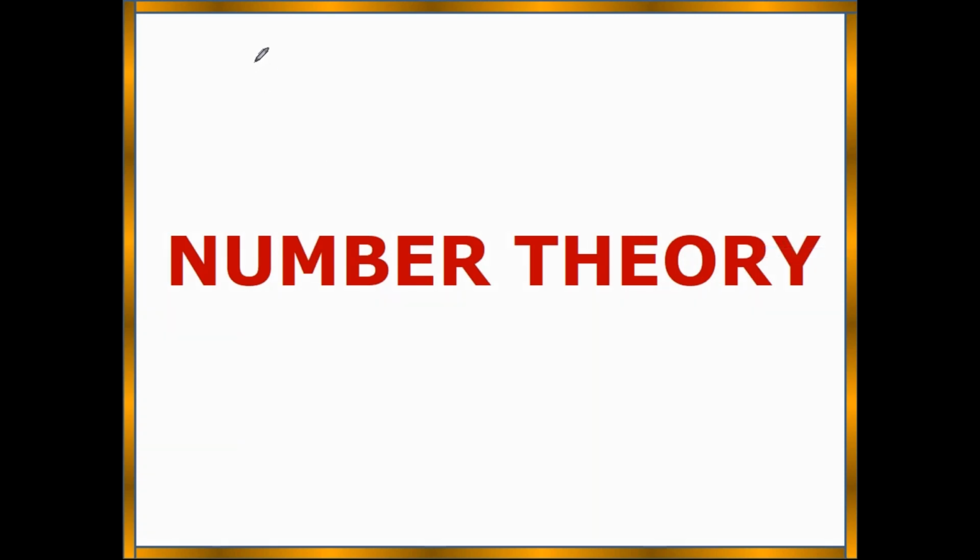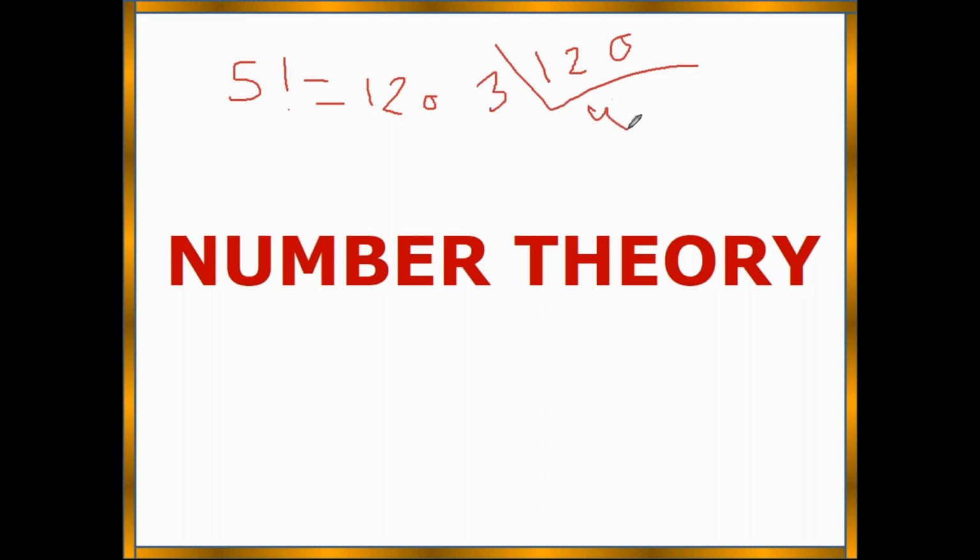Everyone knows the value of 5 factorial is 120. But that is not our concept here. If 120 is written as the prime factorization of the given number: 3 is a factor, again 2 twos, again 2 tens, again 10 means 2 fives.